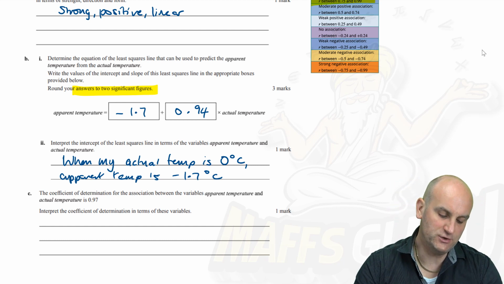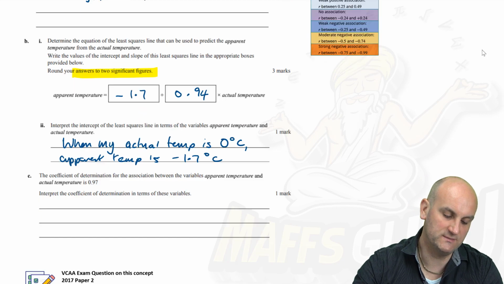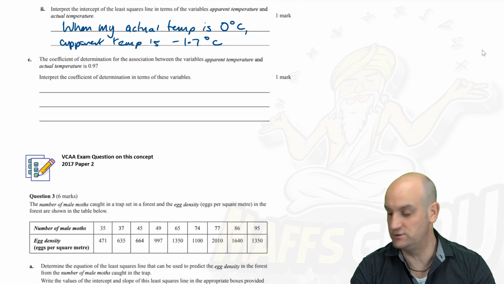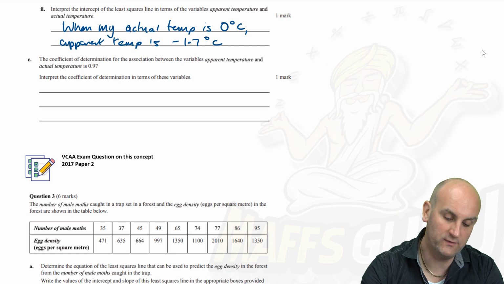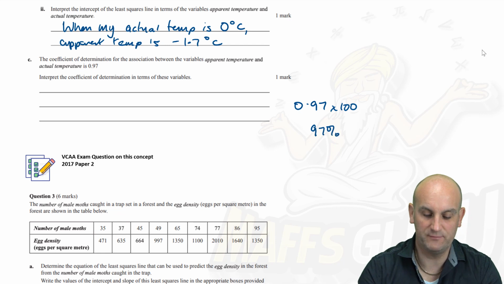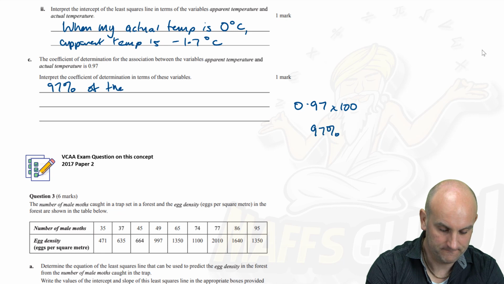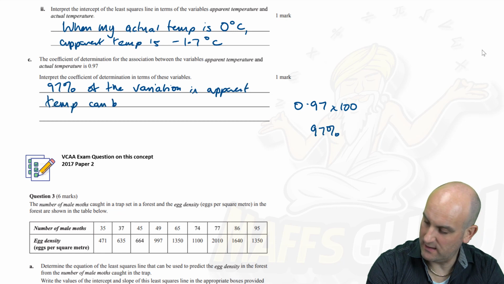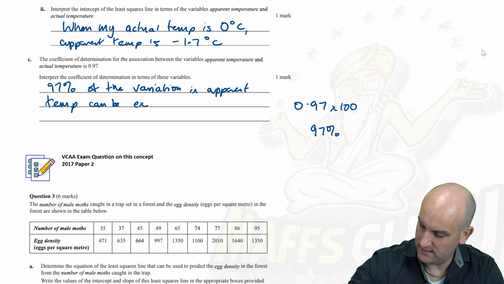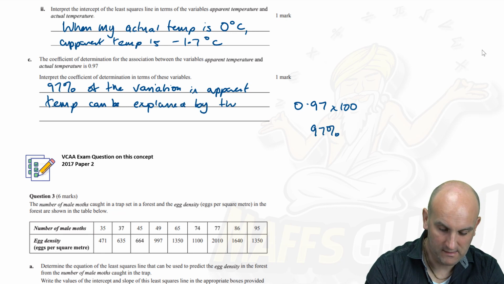The coefficient of determination for the association between the variables apparent temperature and actual temperature is 0.97. Interpret the coefficient of determination in terms of these variables, and again, another worded question. What does that actually ask me to do? Well, if we know that it's 0.97, we multiply that by 100 to give me 97%. So we know that 97% of the variation in apparent temperature can be explained, I always get that wrong, explained by the variation in actual temperature.